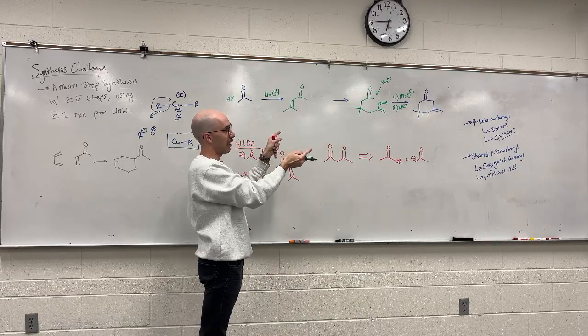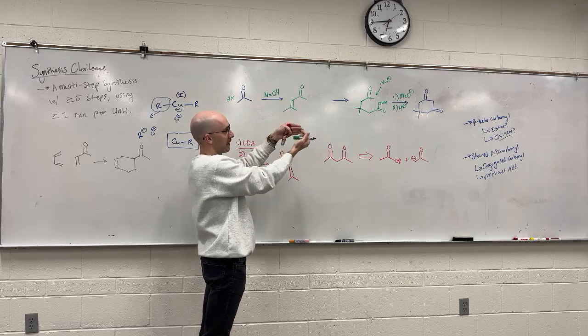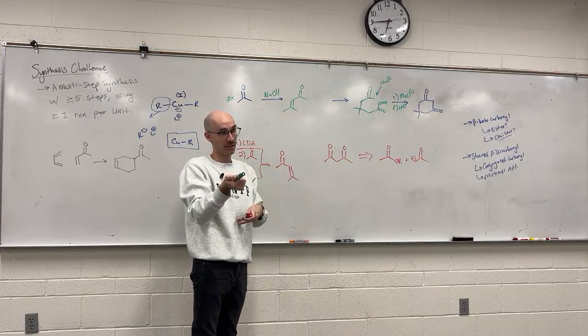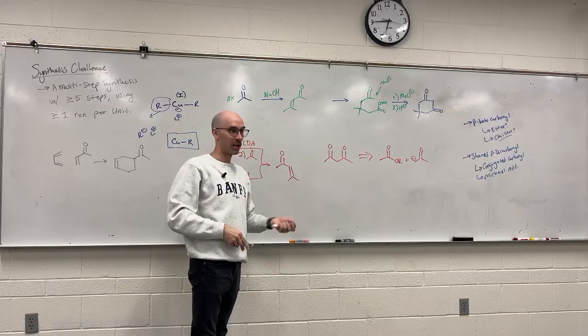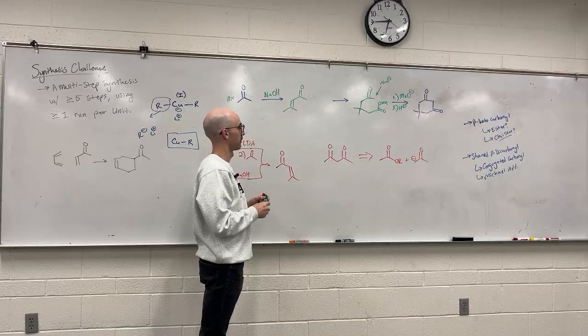So that is how I form the beta keto carbonyl. I do a Claisen type reaction or a Dieckmann type intramolecular reaction. It's not Robinson annulation, because Robinson annulation requires an aldol condensation, not a Claisen condensation, but similar.